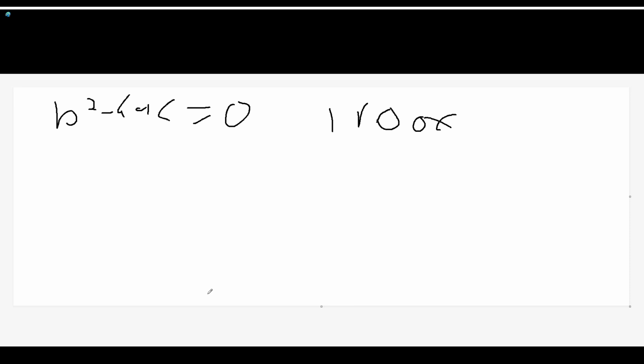So how does that help us? Well, that can help us in a couple of ways, and normally it's to find unknown coefficients. We're going to take a look at the line y equals mx plus 1, right?